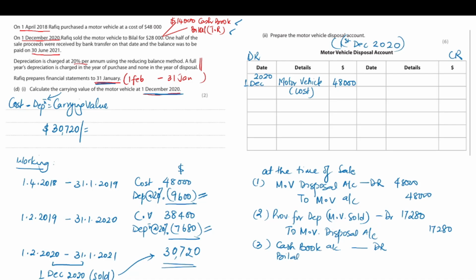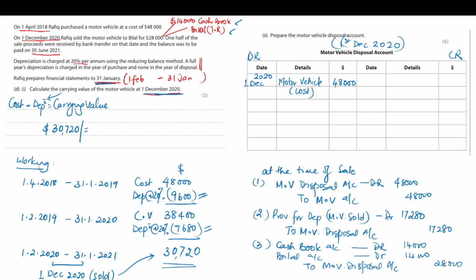So we say Bilal account, trade receivable debit, and credit motor vehicle disposal account. So this comes to 14,000 each. 14,000, 14,000, 28,000. This was sold for 28,000. Let's post this and we will see whatever is the profit or loss.